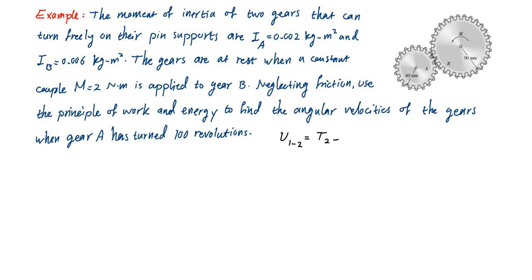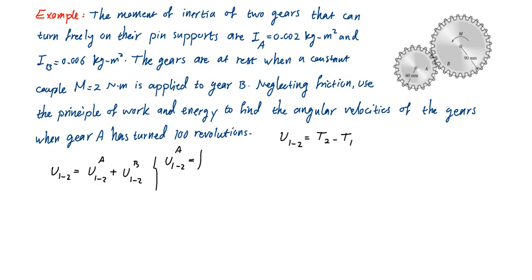T2 minus T1 equals U from 1 to 2. I'm going to split it: U from 1 to 2 done by gear A, plus U from 1 to 2, work done by gear B. Now, I have two rigid bodies.